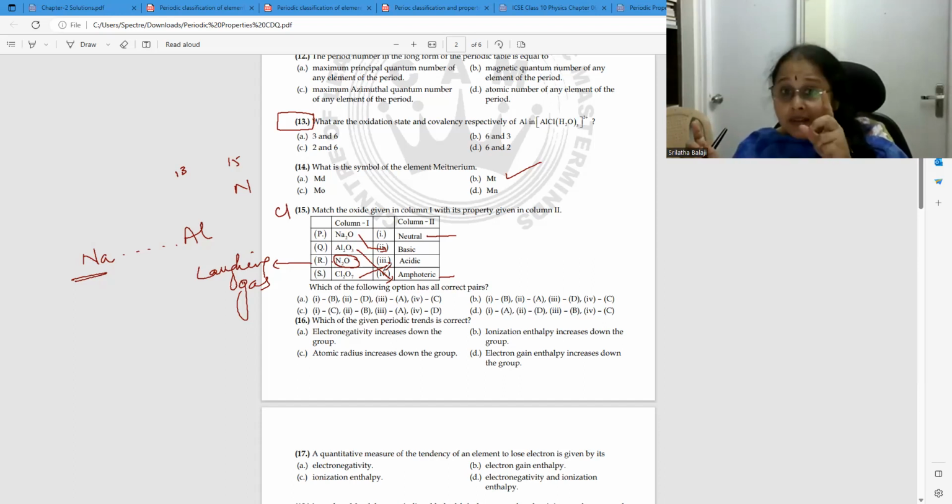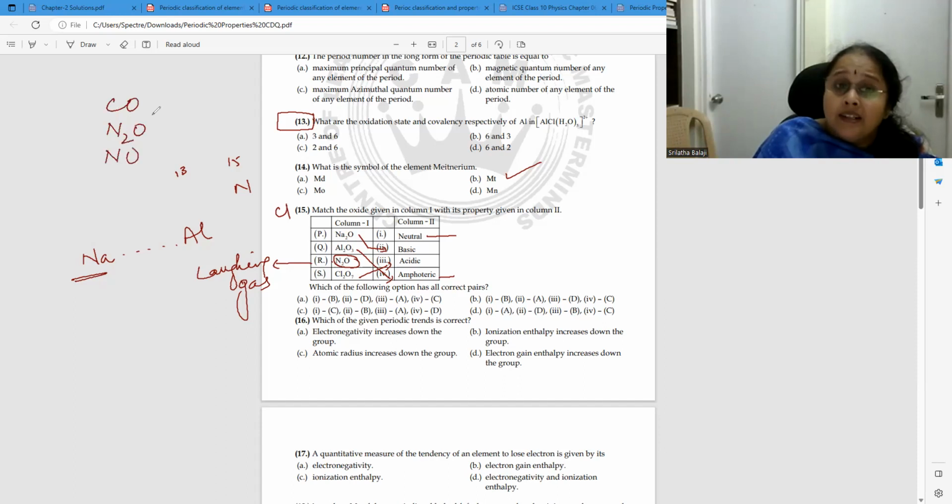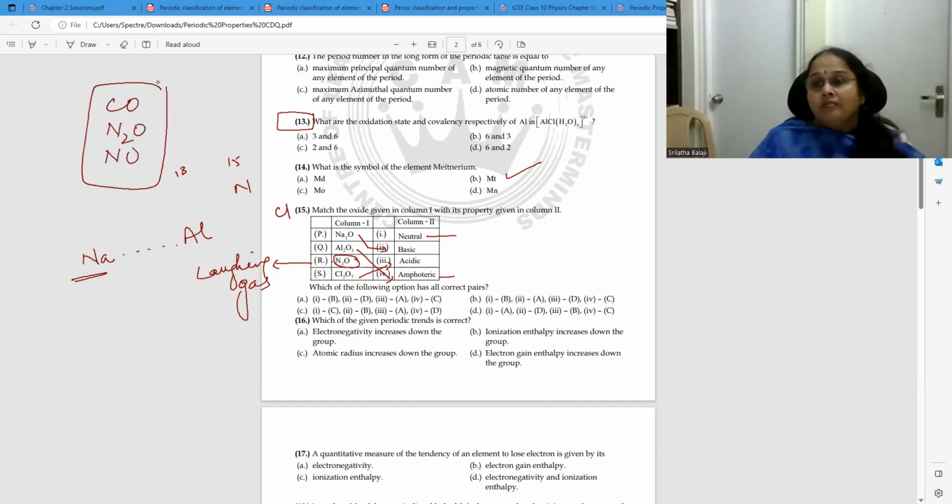Here, neutral means there are only 3 neutral oxides. Remember, one is carbon monoxide, one is N2O, and the other is NO. All other oxides of nitrogen are acidic, but these two are neutral. And the only neutral oxide of carbon is carbon monoxide.